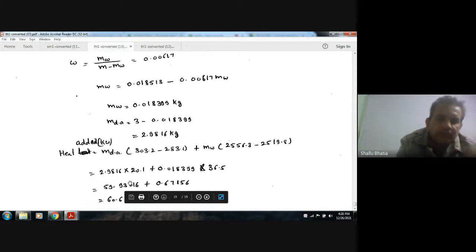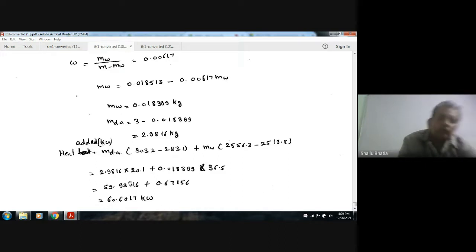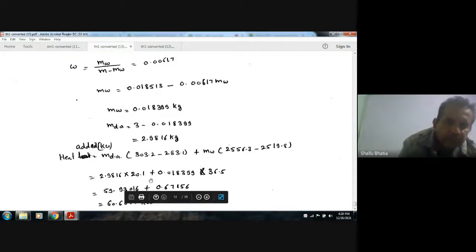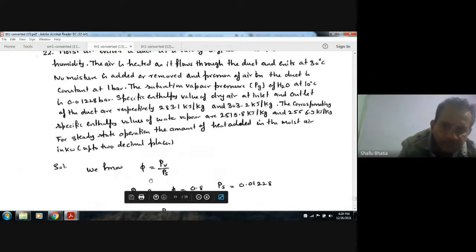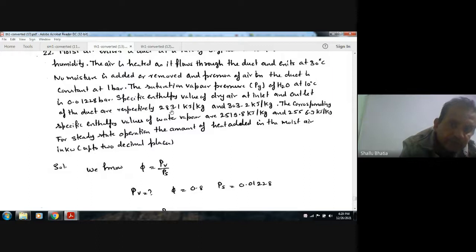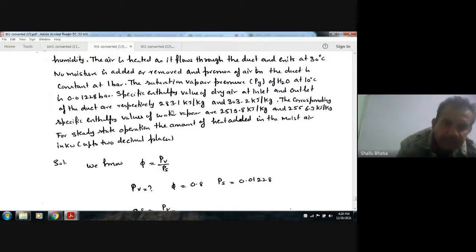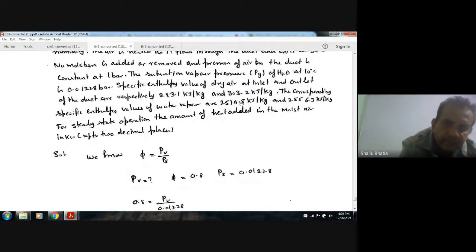Now heat is added to the dry air as well as to the water vapor. The change in enthalpy of the dry air is 303.2 minus 283.1 per kg, and the change in enthalpy of the water vapor is this.